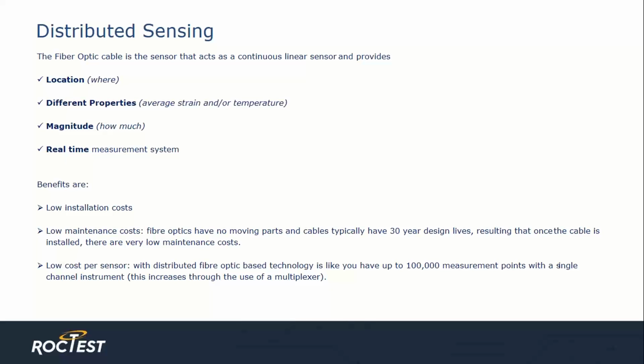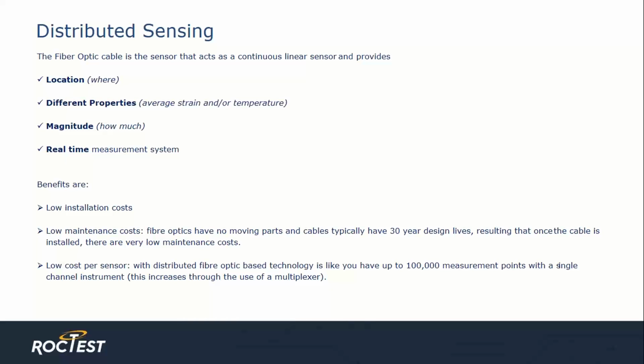The distributed fiber optic cable is a continuous linear sensor. Continuous monitoring over its entire length yields the precise location of the reading within a meter, the type of data, strain or temperature, the magnitude of these data, and the precise time the events occurred.